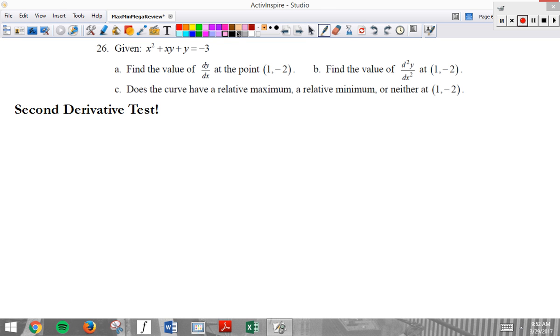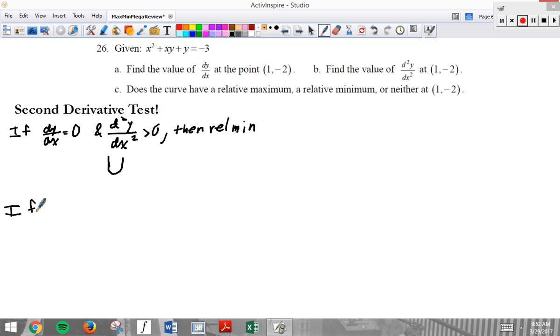So the second derivative test says if dy dx equals 0 and the second derivative is positive, we're talking about concave up, and we're talking about being then relative min.